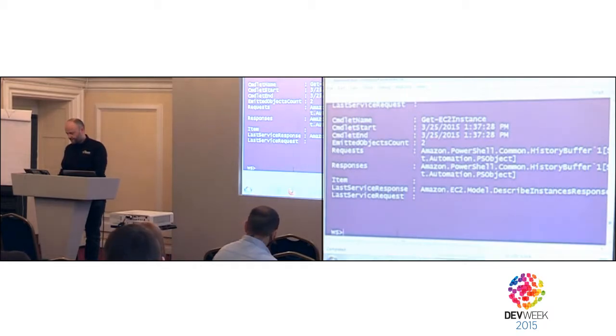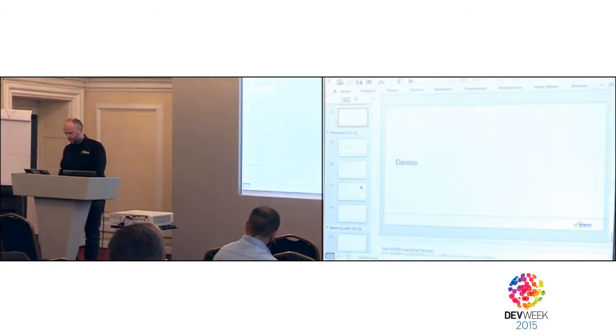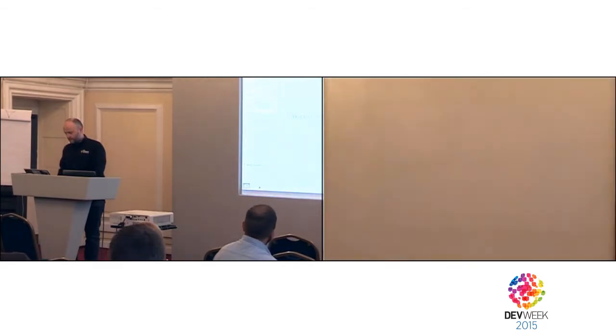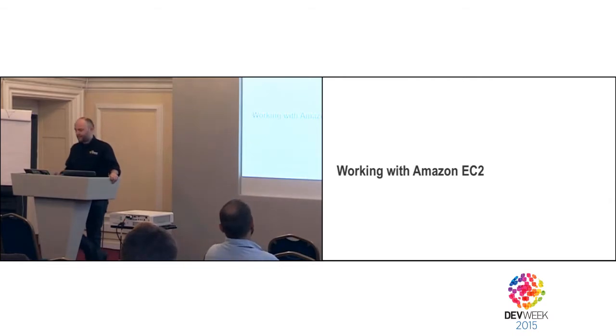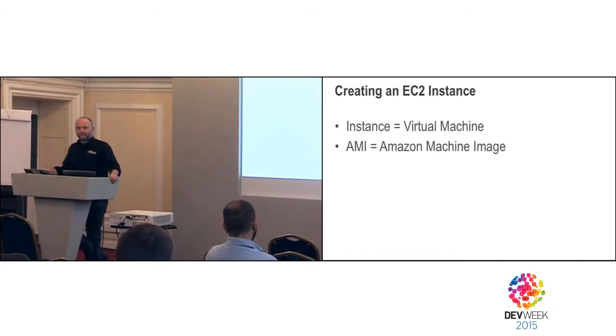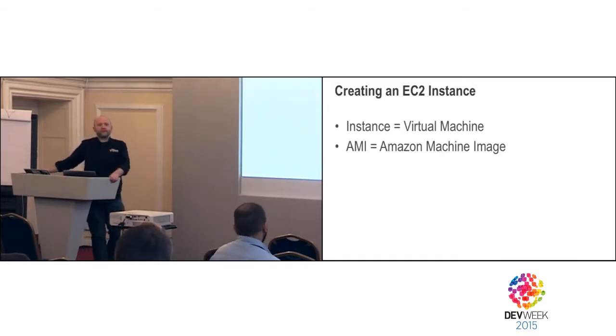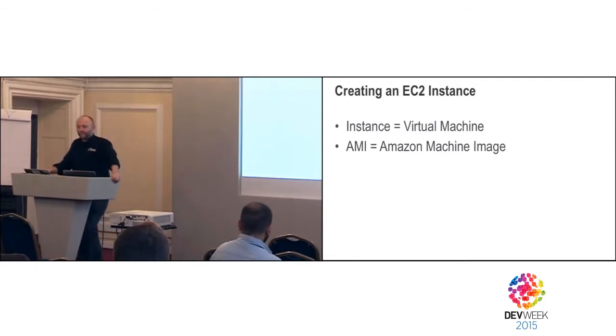Just going back to EC2, we're going to try and do some work against the EC2 API. I probably mentioned this before, but if you want to create an EC2 instance, what we call an instance in AWS is a virtual machine.